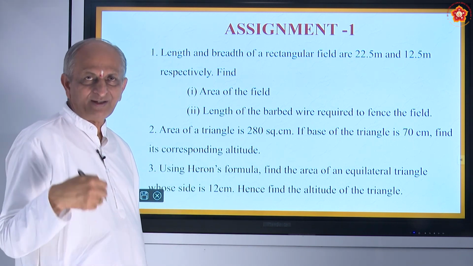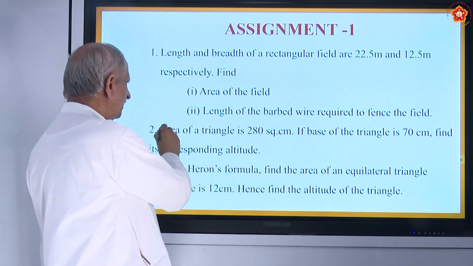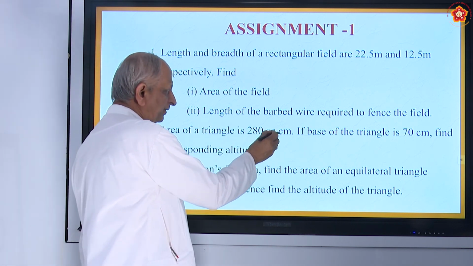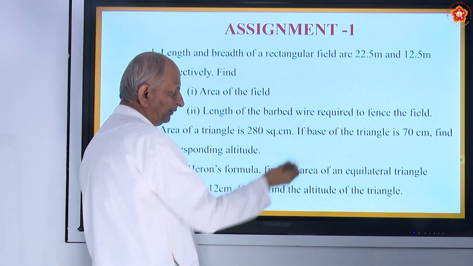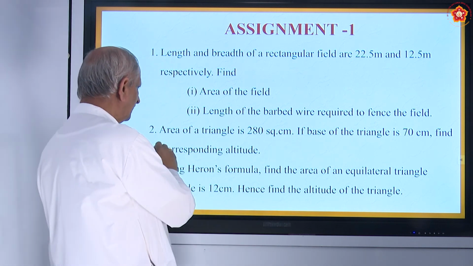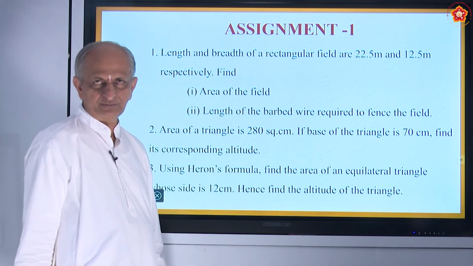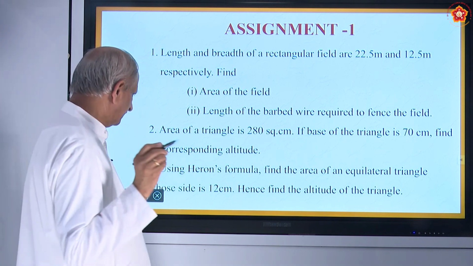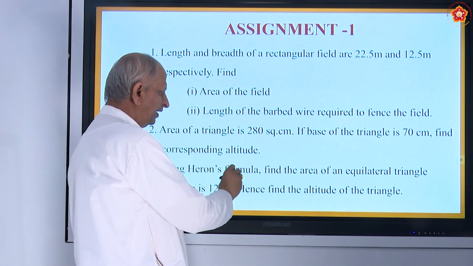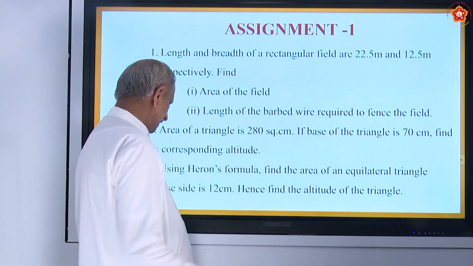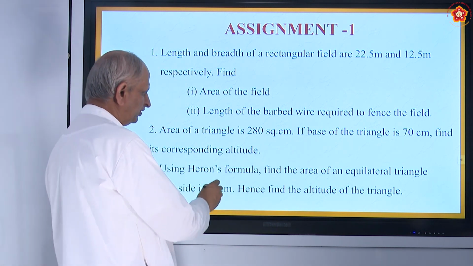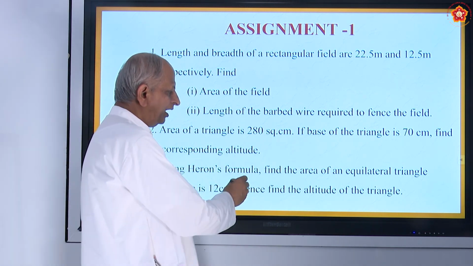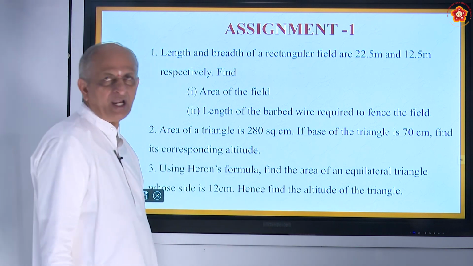You think about it and work out. Okay. Area of a triangle is 280 square centimeters. Base is 70 centimeters. Find the corresponding altitude. Use the formula. Get the answer. Using Heron's formula, find the area of an equilateral triangle whose side is 12 centimeters. Find the altitude of the triangle.